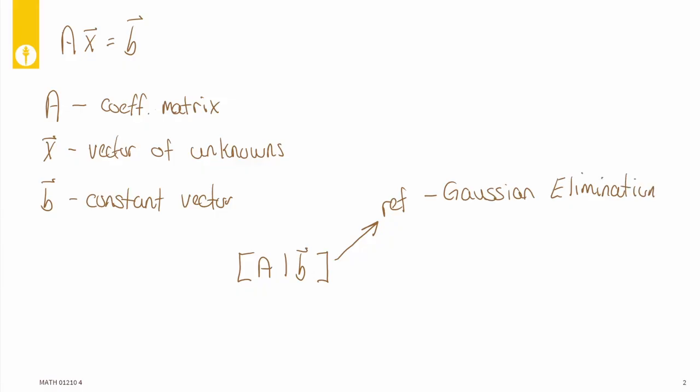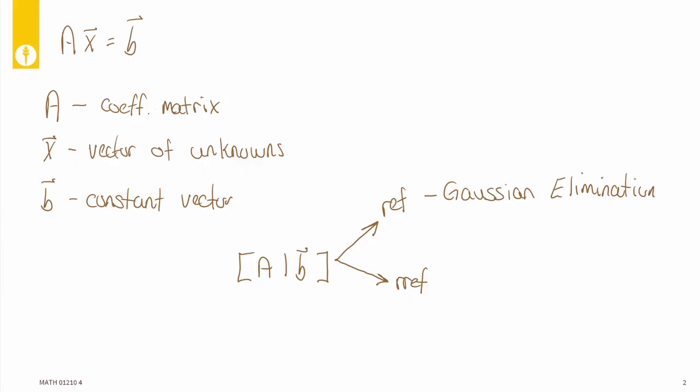This method is called Gaussian elimination. The other option is now to RREF it, which is without a doubt the superior method.